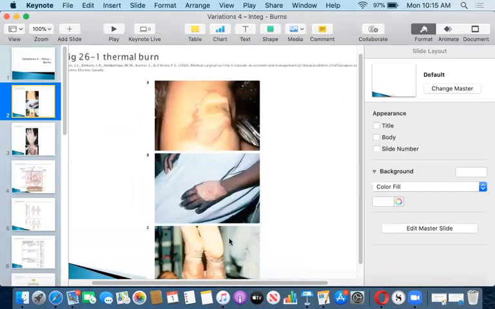We didn't show a picture for the first couple of questions. Thermal's heat, it's the type of burn that most people are familiar with. It's the type of burn you can get just around your house. You can touch the stove, that's a thermal burn, for example. Finger in the candle, too close to the candle. That's a thermal burn. So these are the actual thermal burns here in your PowerPoint.